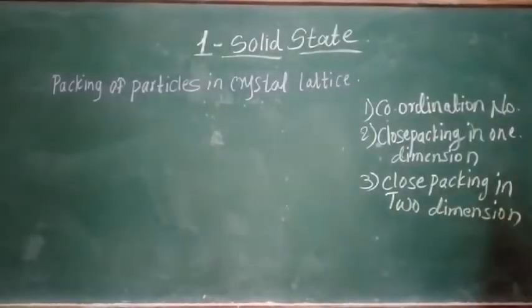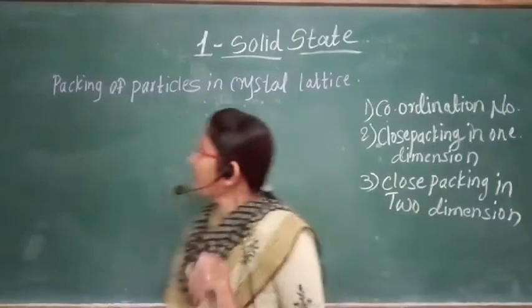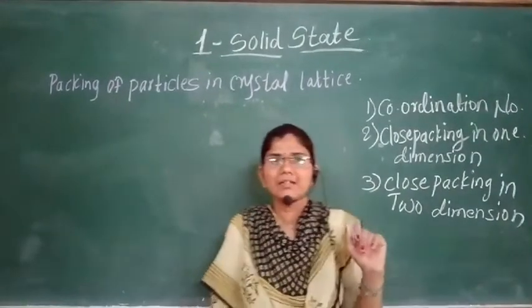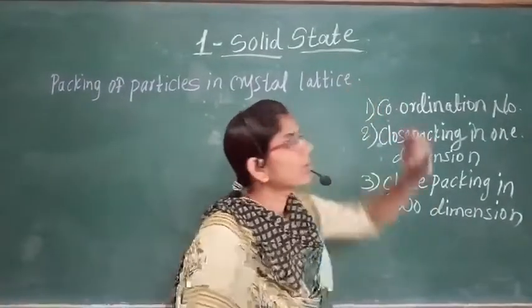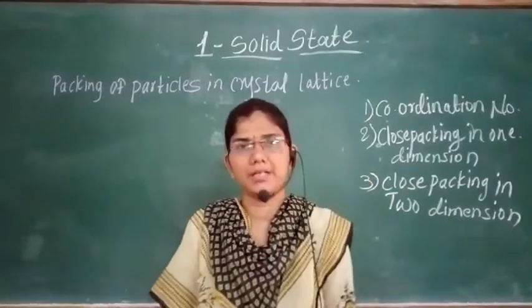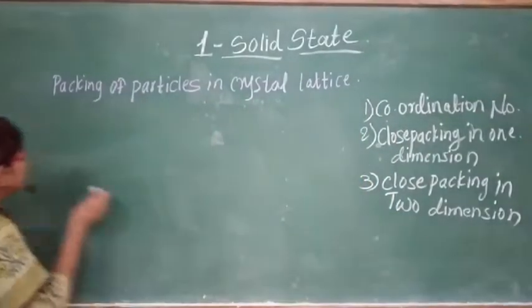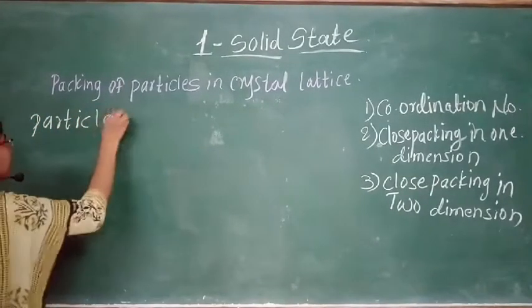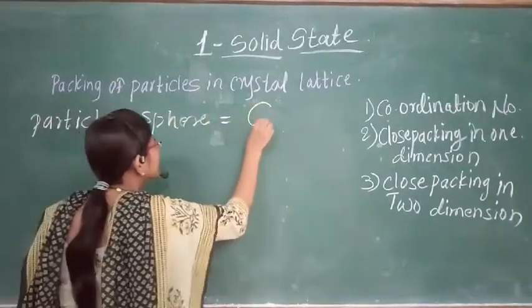So here, when the packing of particles in the crystal lattice is done, first we need to know what is meant by coordination number. As we discussed, the particles are considered as spheres, like this.